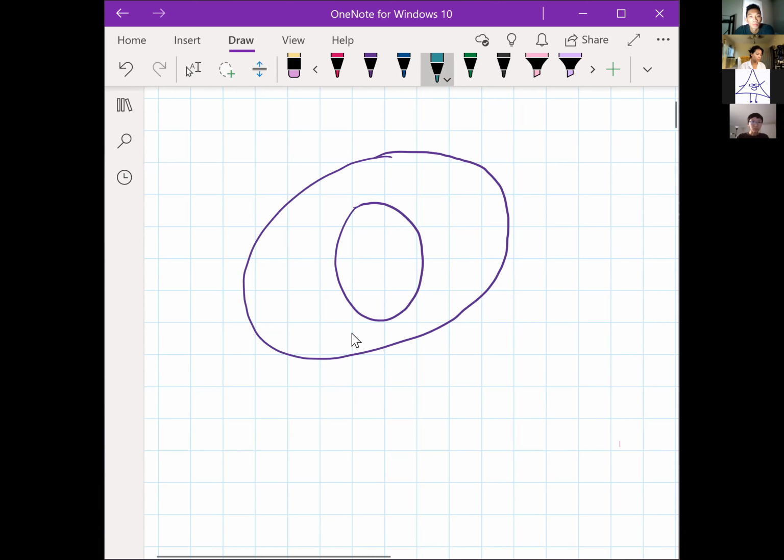Say that we pick some point on this outer ellipse. Maybe we want to start at this point. Then if you look into the inside, there are two tangent lines going through this point to the inner ellipse. One of them is like that, and one of them is like that. Let's just pick this top line.